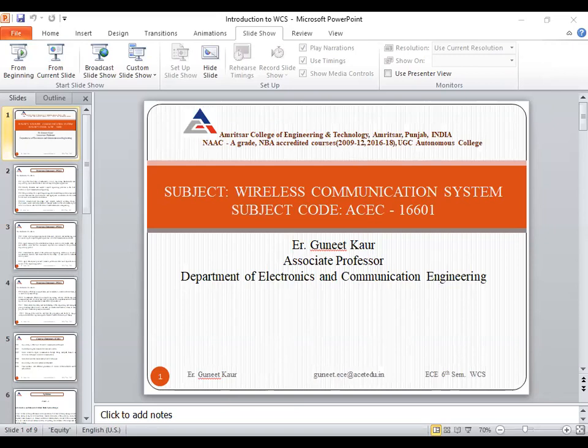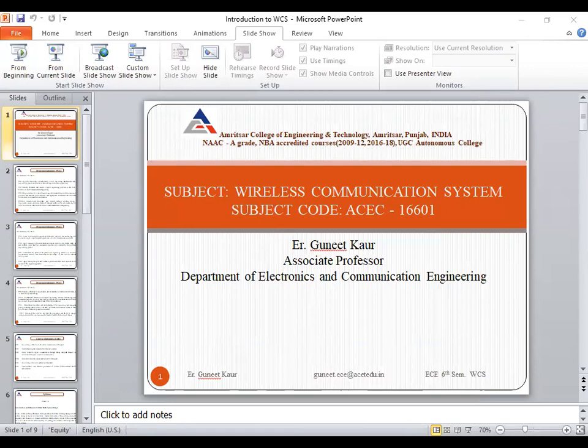The first program outcome for this subject is to apply the knowledge of mathematics, science, engineering fundamentals, and an engineering specialization to the solution of complex engineering problems. The second program outcome is to identify, formulate, and analyze complex engineering problems in your field of ECE, that is, electronics and communication engineering.